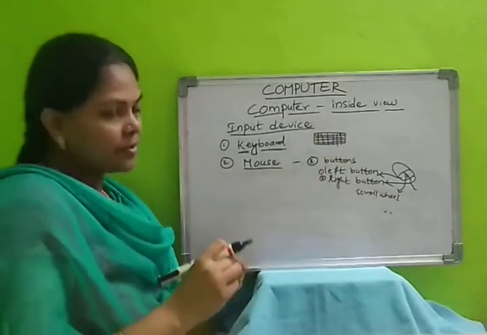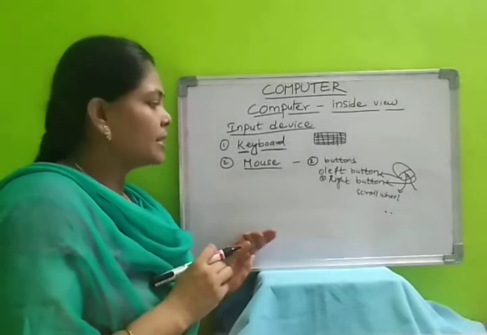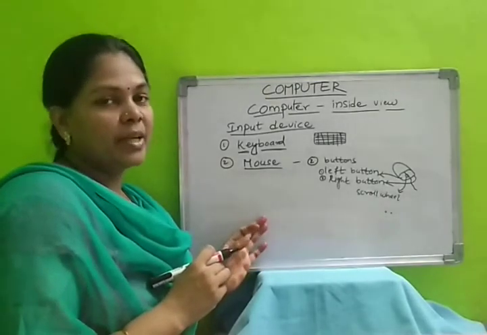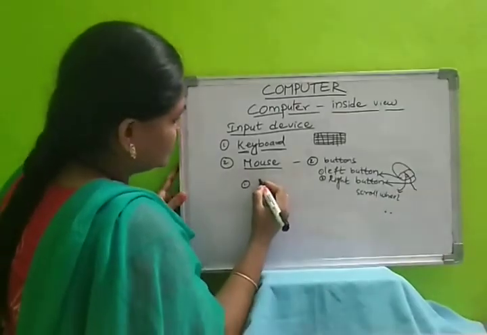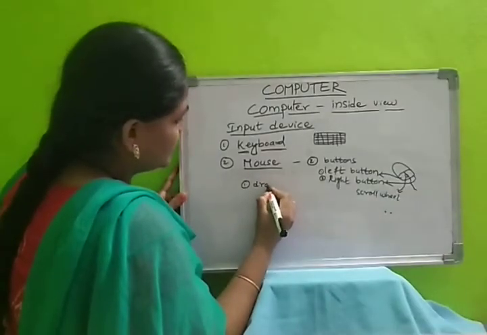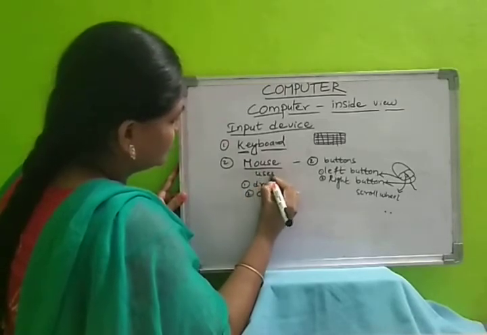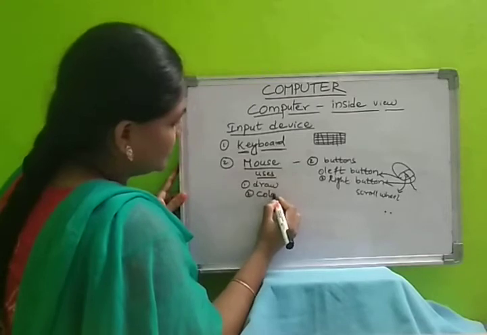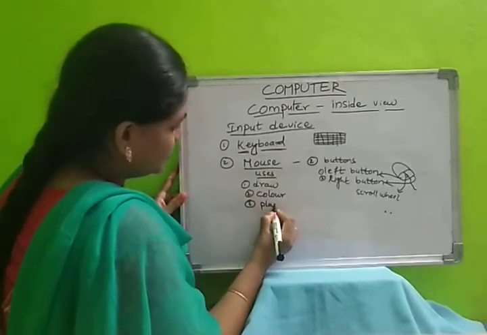Using this mouse, what can we do? We can draw pictures, we can color pictures, and we can select any object, play a movie, isn't it? What are the uses of mouse? Draw pictures, color pictures, third one, play a movie.